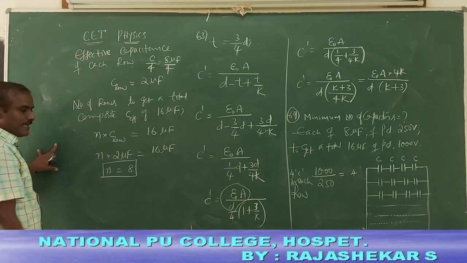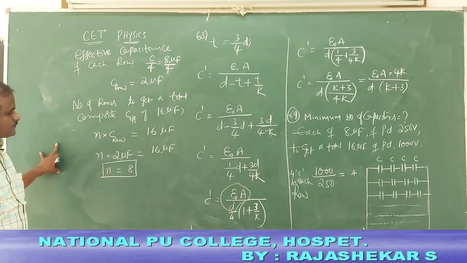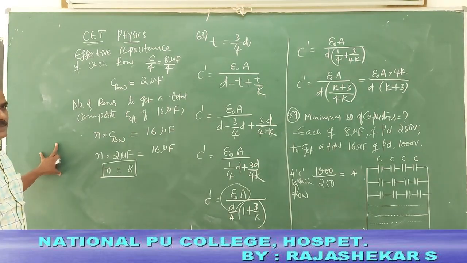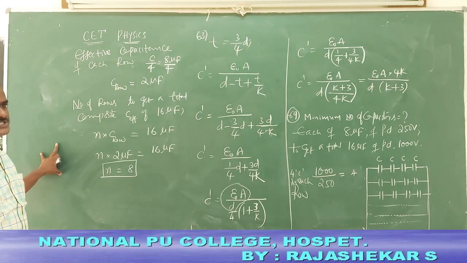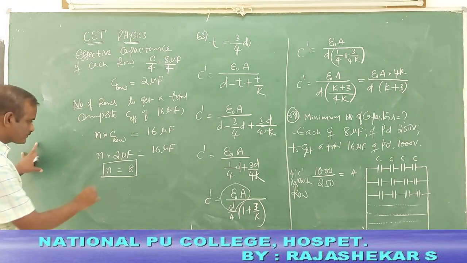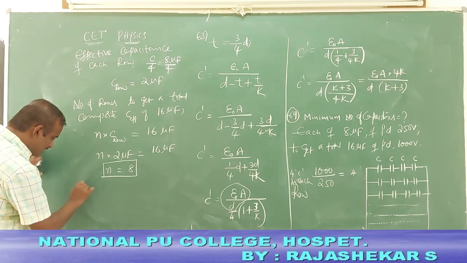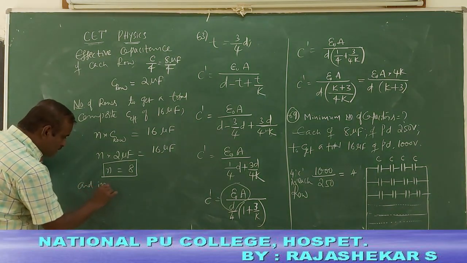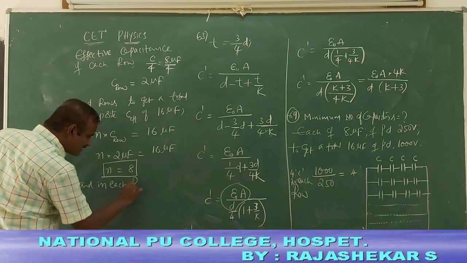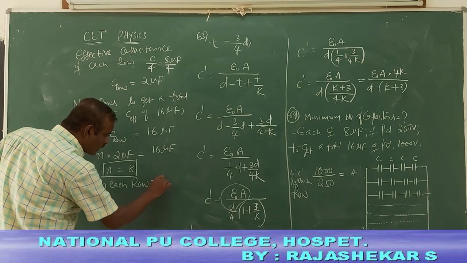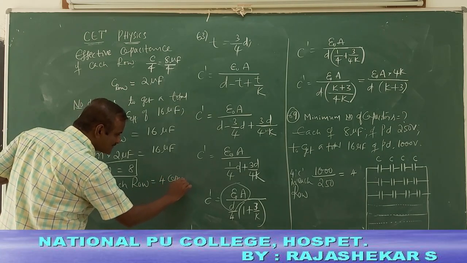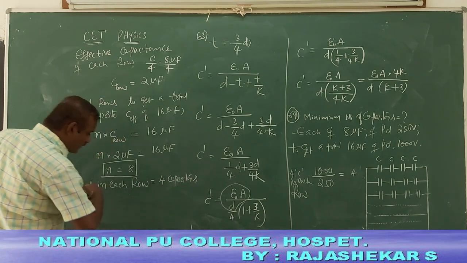Number of rows are 8, and in each row how many capacitors? 4. Therefore total number of capacitors: n is 8 and in each row 4 capacitors, 8 such rows.